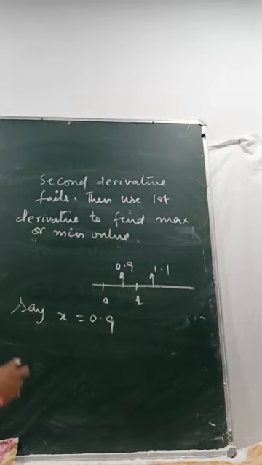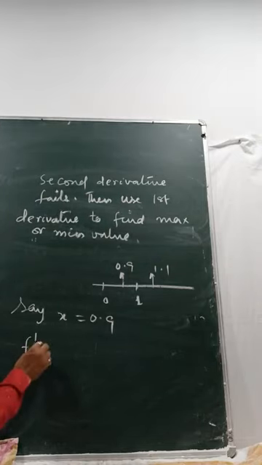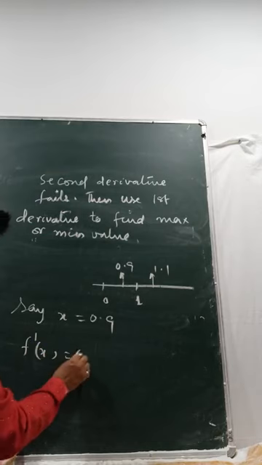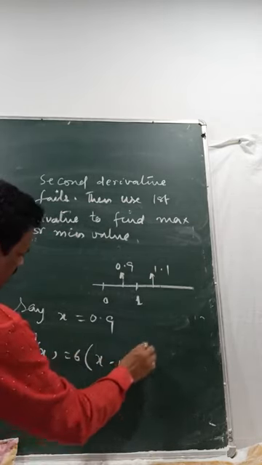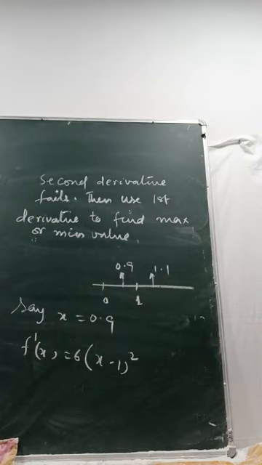Now f dash x, which is 6 into (x minus 1) whole square. How much do you get?